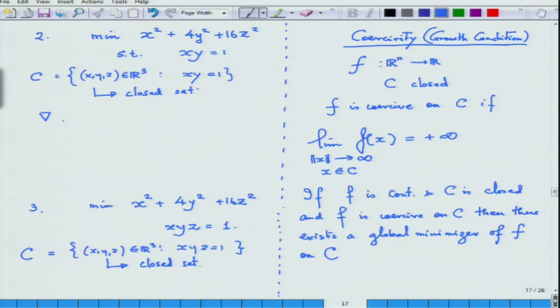So, here the gradient of, say, this is your h. Let me put h in this case as xyz minus 1. The gradient with respect to x, y and z is actually yz, xz and xy, and x and y both cannot be 0.